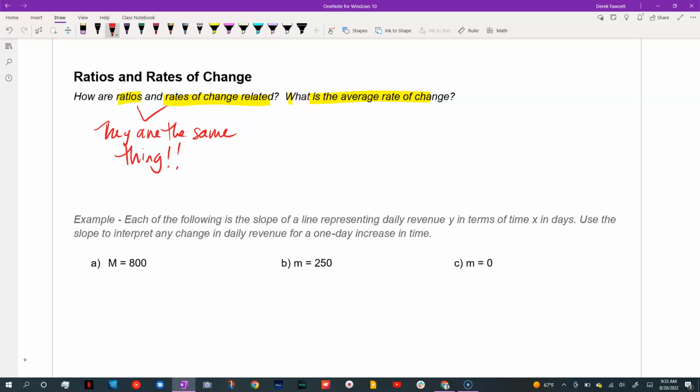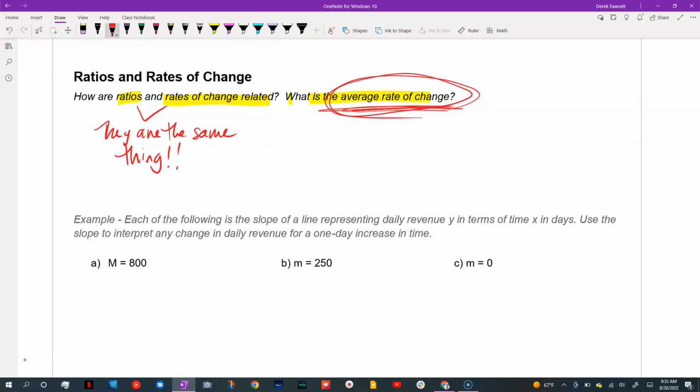Depending on the problem, a rate of change is the applied understanding of the use of a ratio. All right, and then the average rate of change, which later in our studies here in calculus, we're going to be coming back to this idea of the average rate of change.